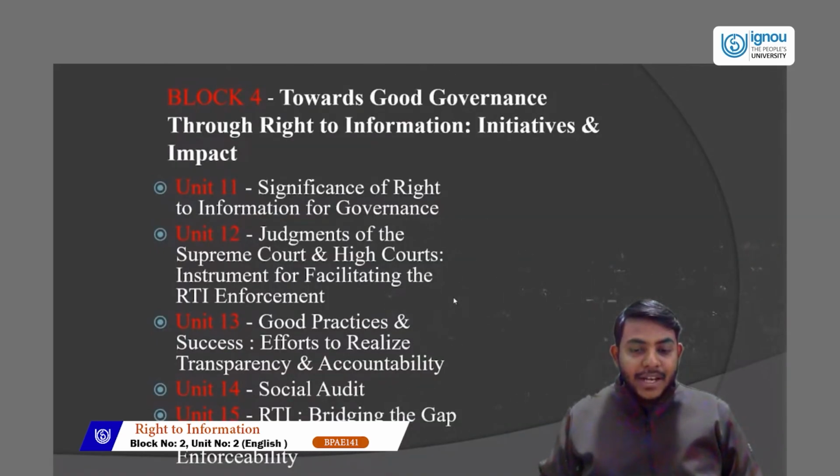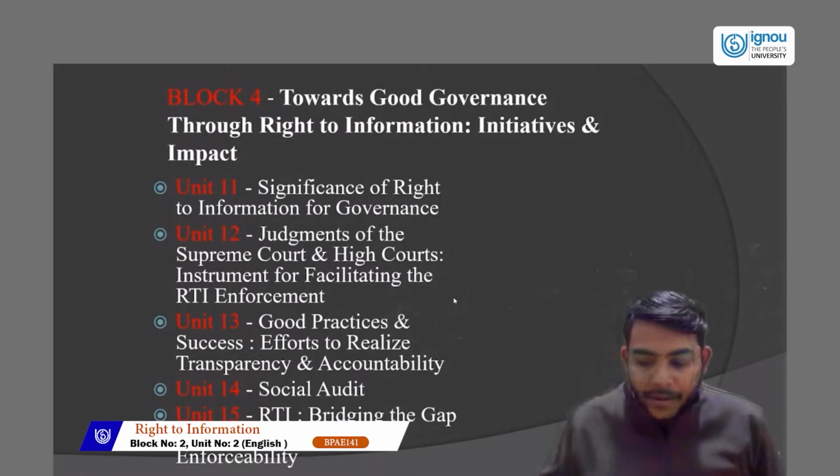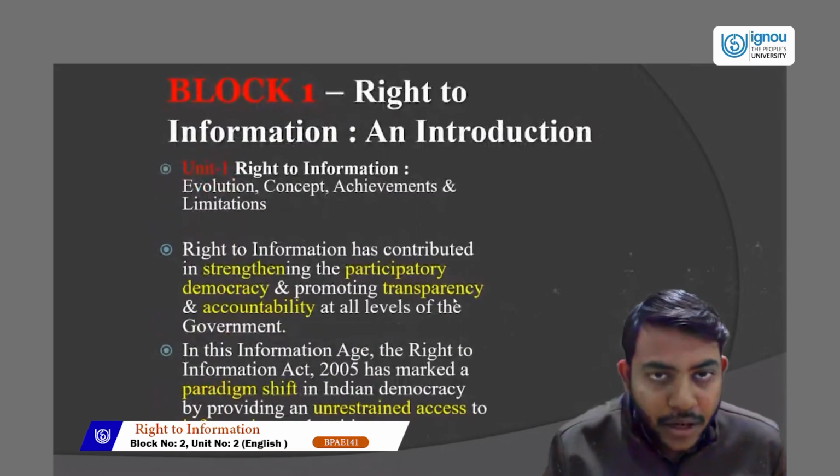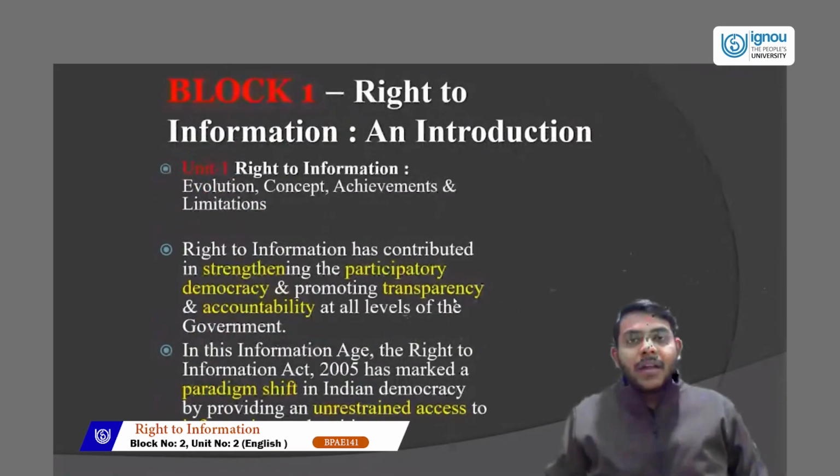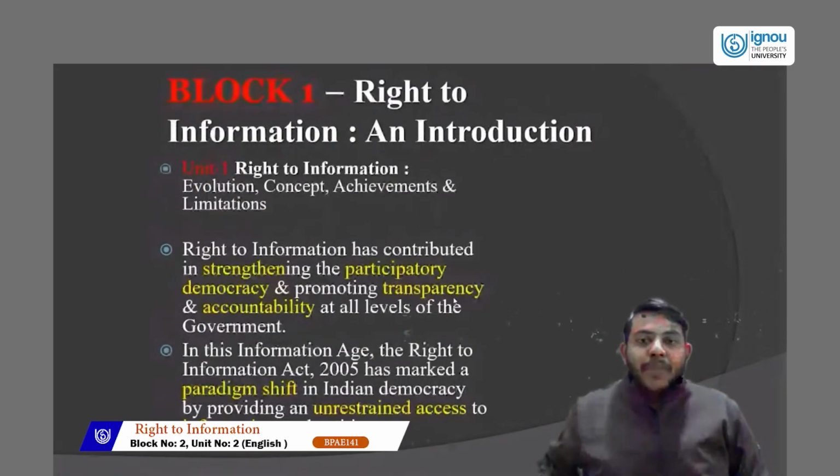And finally, in the 15th unit, we'll be studying about bridging the gap between the rights and their enforceability. That would be the final unit that we'll be doing as part of our fourth block. But today, we begin with the first block of this paper, which is relating to an introduction of the right to information or RTI.